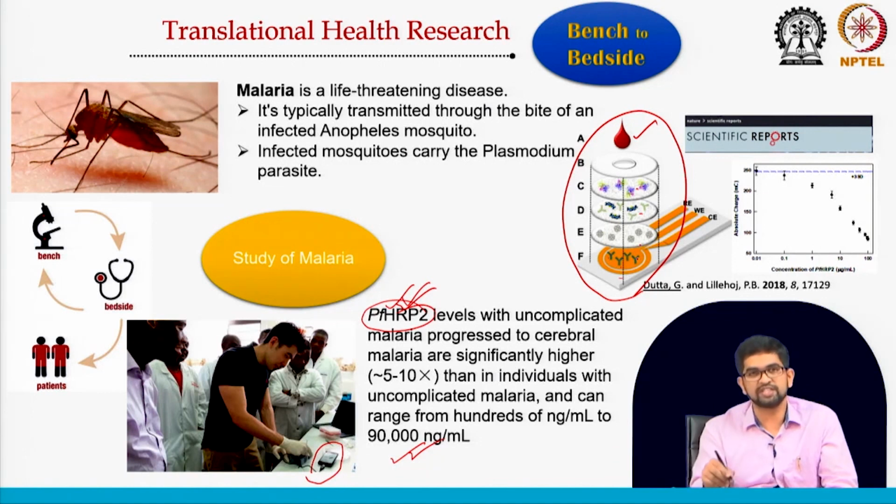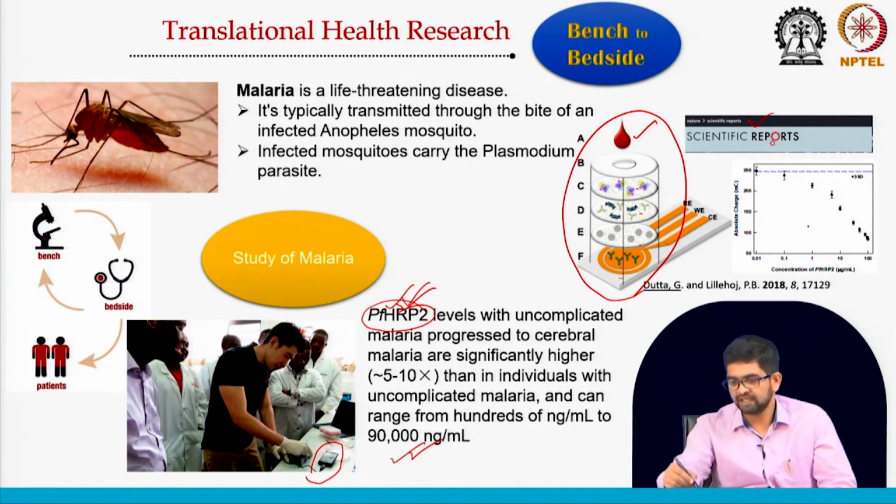We used some technology here, which I will describe another day, but we developed a new technology that can detect PF-HRP2 in blood samples at very high concentrations. You can see here that we published, working with Professor Peter Lillehoj's group, a scientific report.